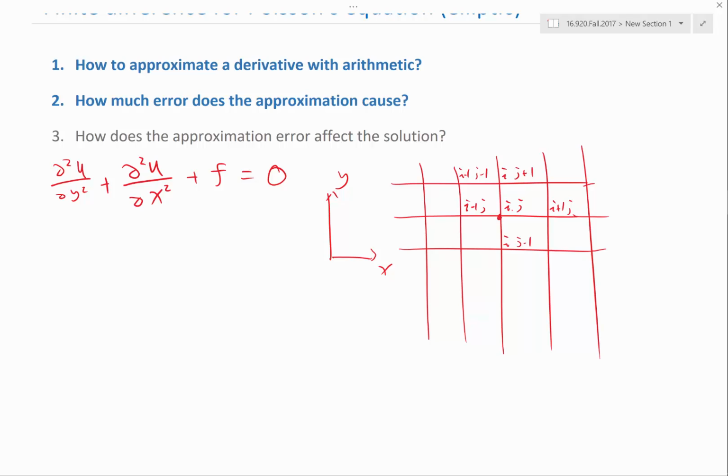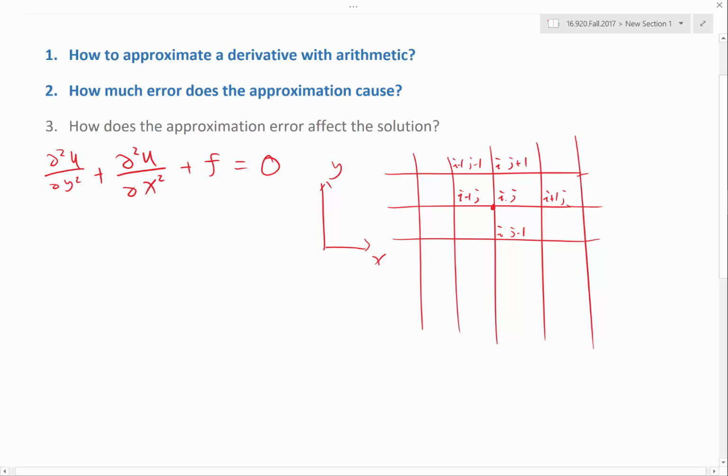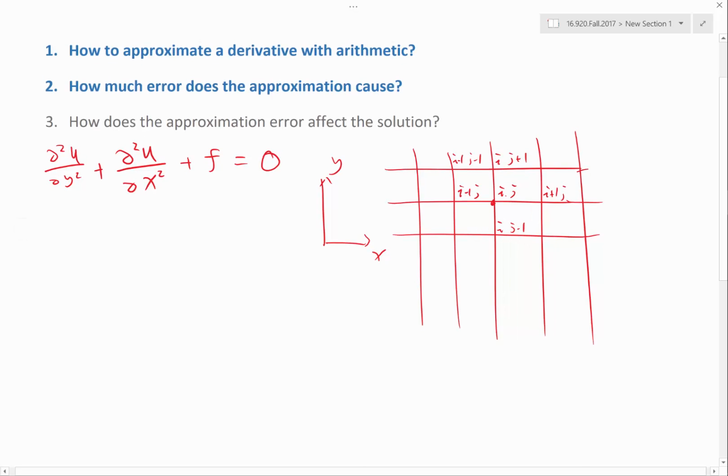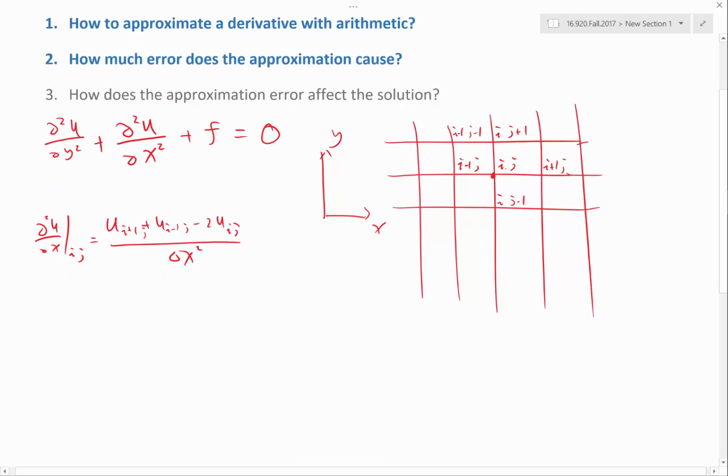Okay, so let's discretize both the x and y directional differential operators, and it's very straightforward. So this at i and j is just equal to u(i+1,j) plus u(i-1,j) minus 2u(i,j), divided by delta x squared. And let's assume delta x equals delta y for now.